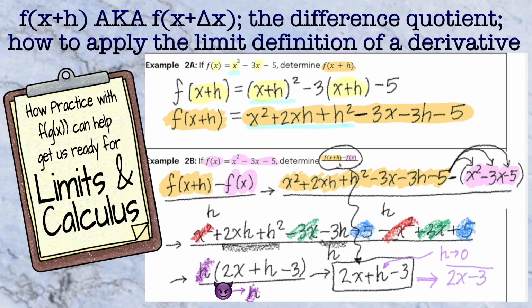And that right there, 2x minus 3, is the derivative of the original function f of x, which was x squared minus 3x minus 5. So there's your derivative. This over here is our difference quotient. This over here is the f of x plus h, and I hope all of that made you feel like an absolutely brilliant beast of a human being.